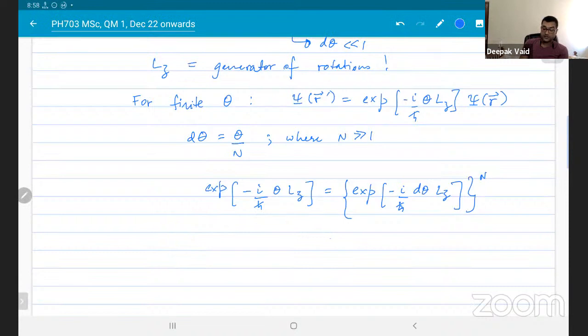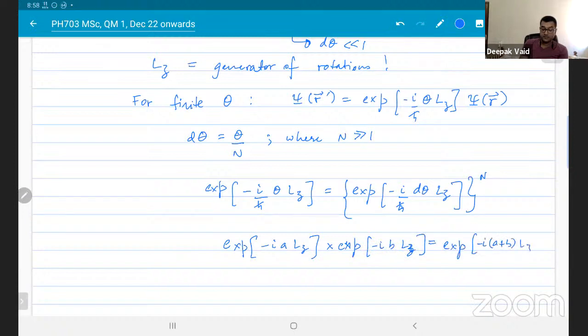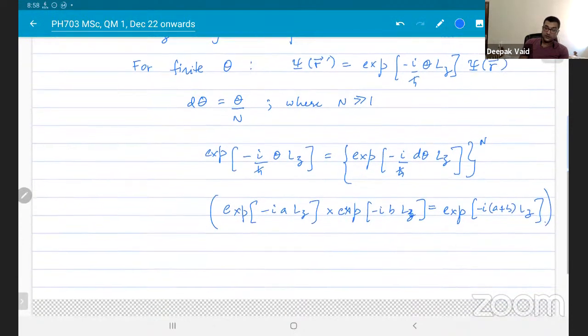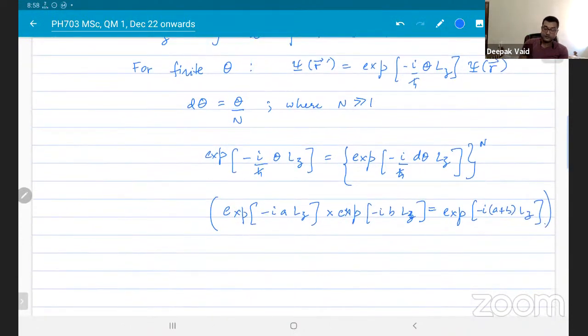Now, Lz is an operator, but if I write exponent of minus i a Lz multiplied by exponent of minus i b Lz, what is the answer? Exponent of minus i times a plus b Lz, right? Because Lz commutes with itself, there is no issue with commutation.